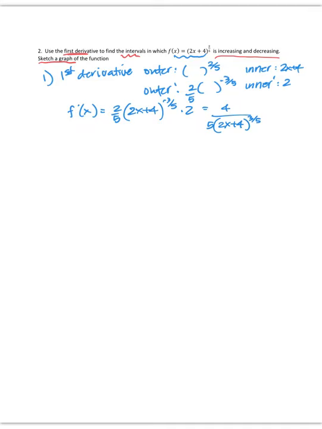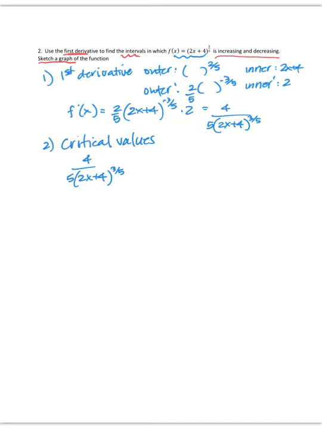So what are our critical values for this one? That's what we're going to do next, because we need to identify left and right what is happening as far as the function increasing and decreasing. If you take a look at this one, 4 over 5, 2x plus 4, quantity to the 3/5. Now, what could happen with that?